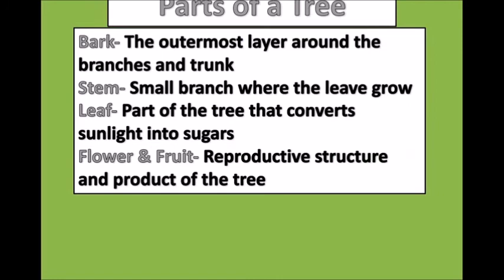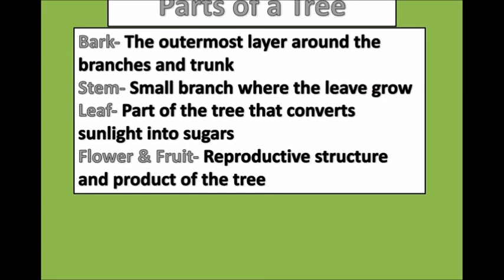There are 4 basic parts of the tree that can be used to determine the type of tree you are looking at. First is the bark, the outermost layer. Tree species will have distinctive bark characteristics. The stem, smaller branches where leaves attach, can also be indicative of tree species such as maple, ash, dogwood, or buckeye. These trees all have opposite branching patterns. Leaves are the part of the tree that converts solar energy into sugars.